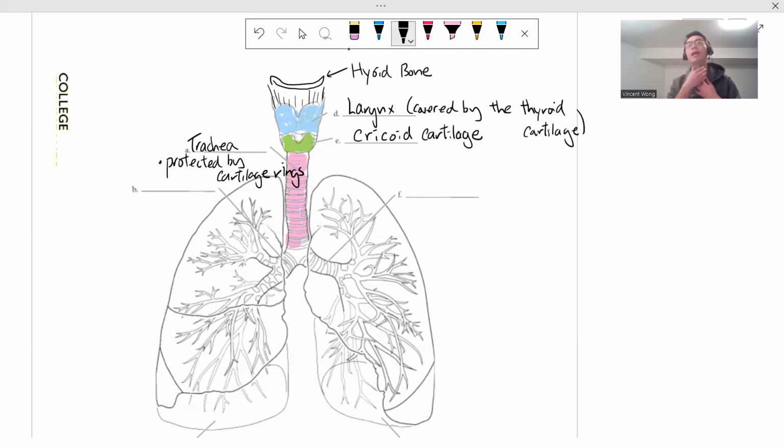You can feel the rings if you move your hand gently up and down your neck, right? Press a little bit, squeeze a little bit. You can feel the ridges. Those are the cartilage protecting your trachea.